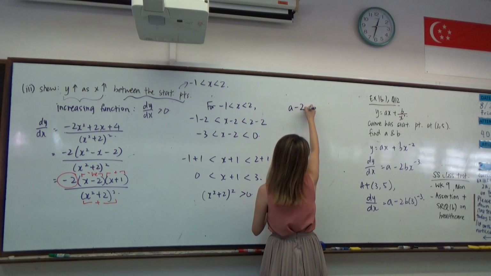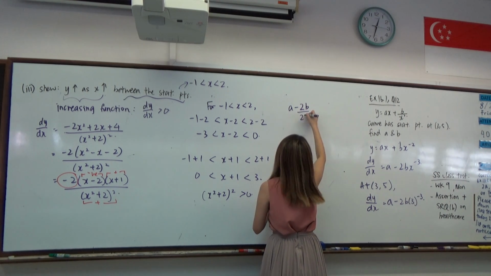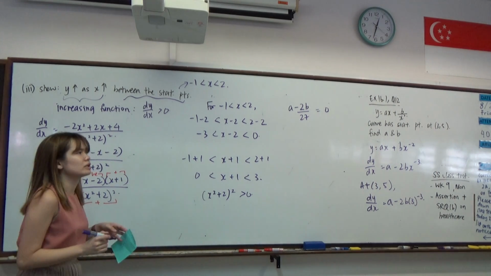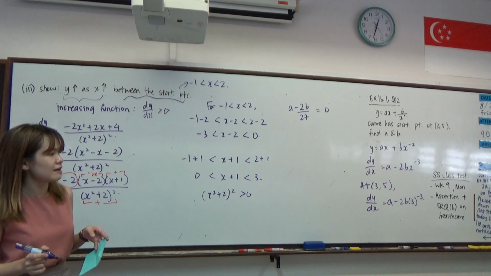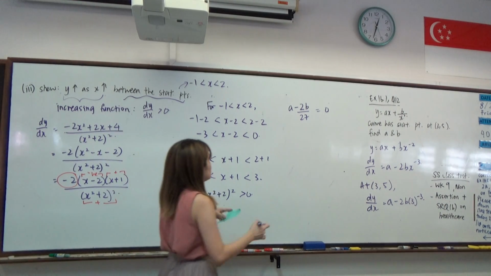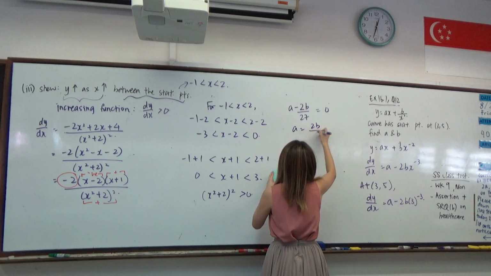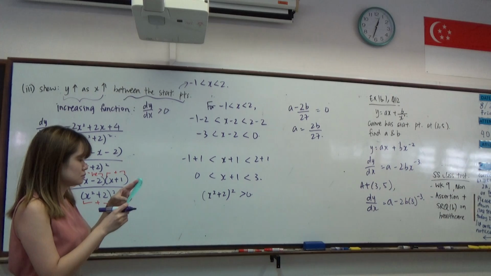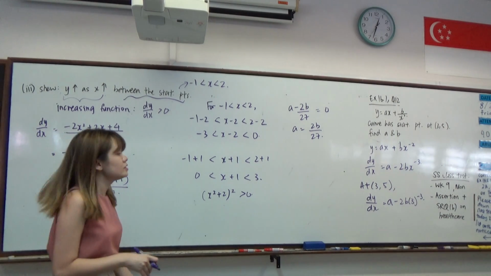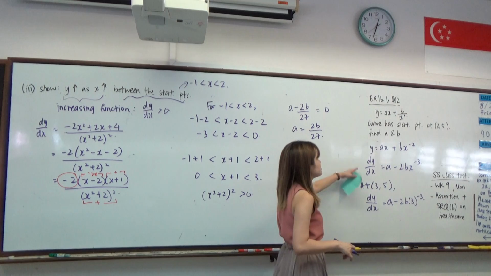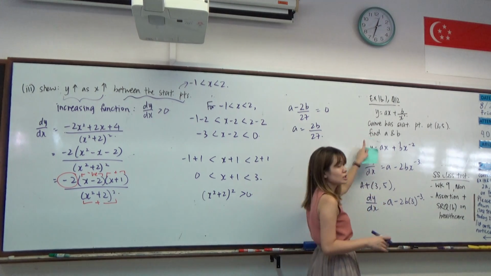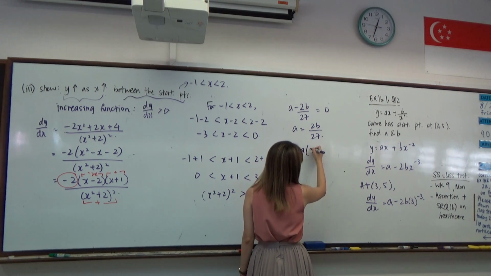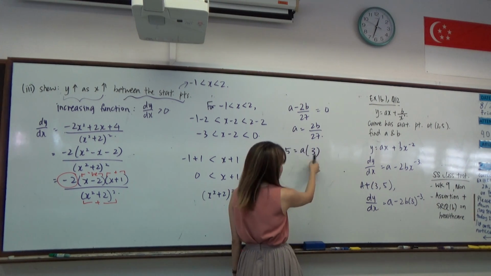The derivative at x equals 3 will give you a minus 2b over 27 equals 0. Therefore a equals 2b over 27. Since we know that the point 3, 5 satisfies this equation because it is a point on the curve itself, when y is equal to 5, we will sub in 5 and 3.